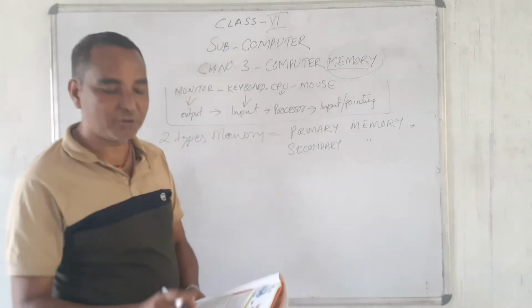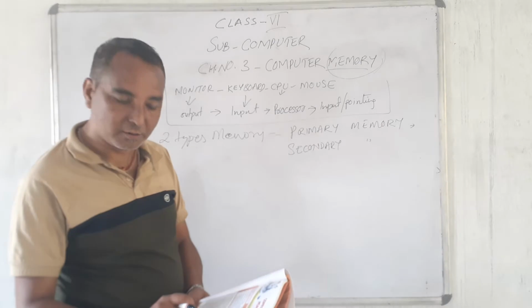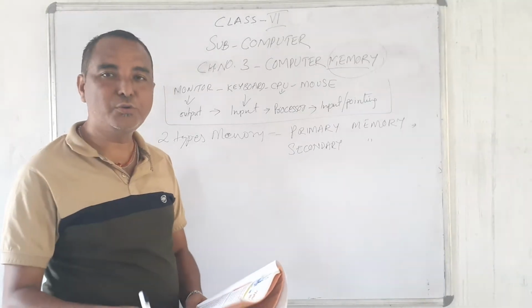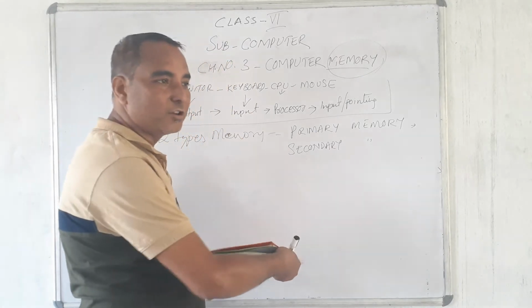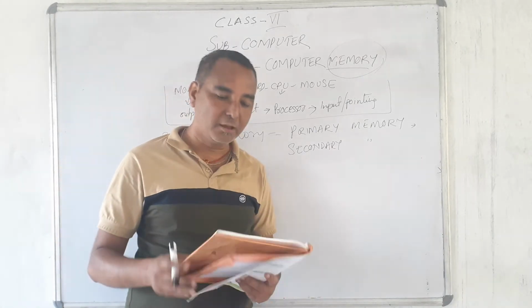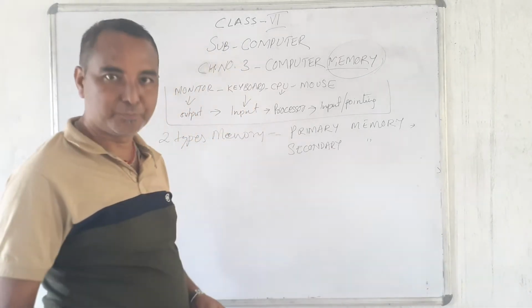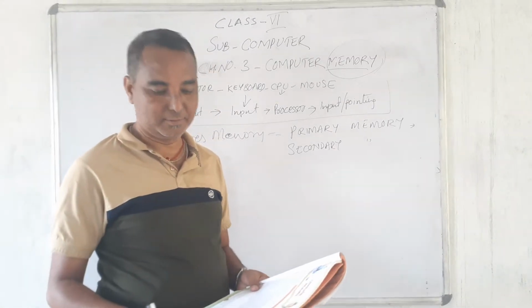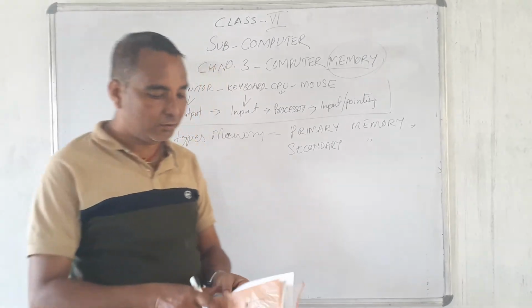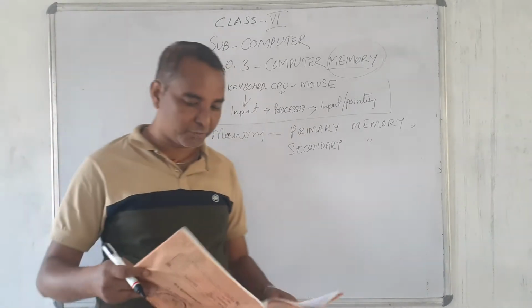After completing that period, what do we do? We close our books and copies and keep them inside our bag. It means that is primary. That is not permanent. It is the temporary one. Clear?